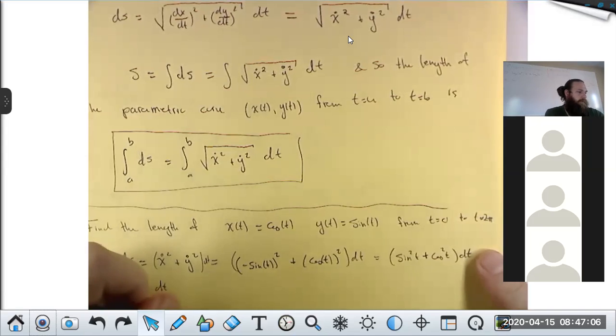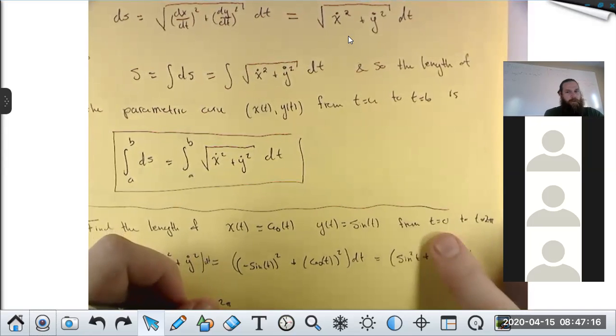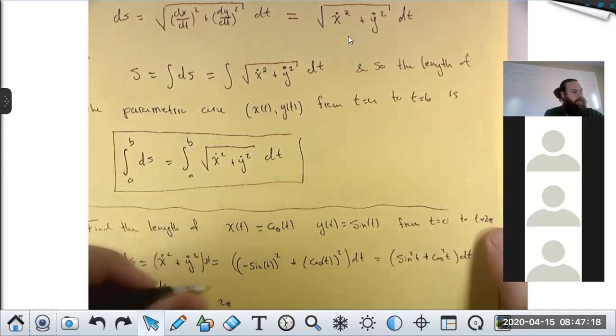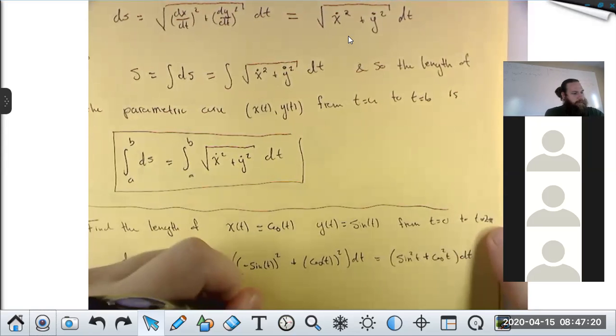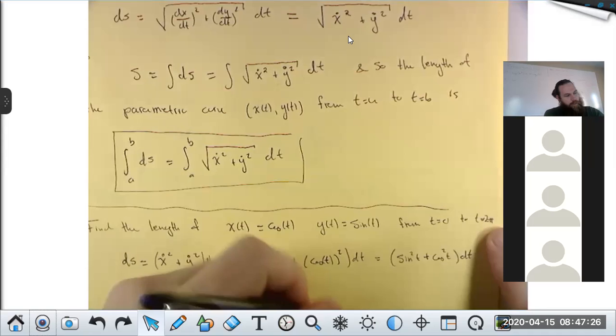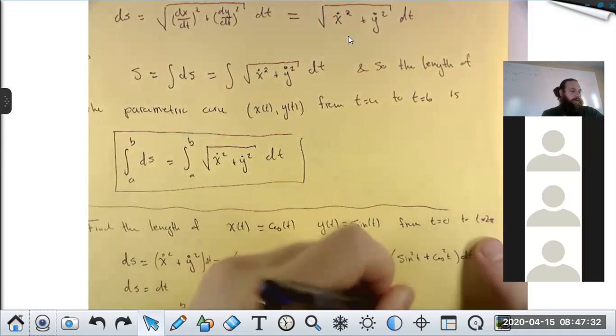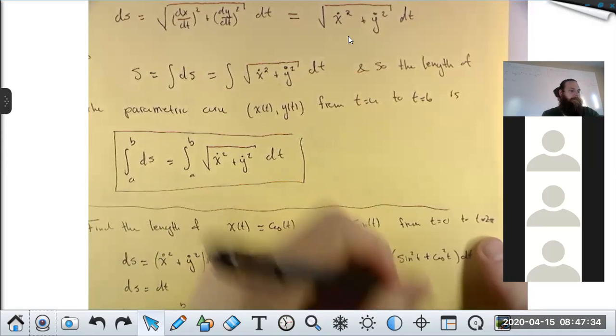So s is the integral from a to b of ds, which is the integral from 0 to 2 pi, because that's where I was asked to find the length, from t equals 0 to t equals 2 pi, of sine squared t plus cos squared t dt, which is the integral from 0 to 2 pi of 1 dt, which is just 2 pi.